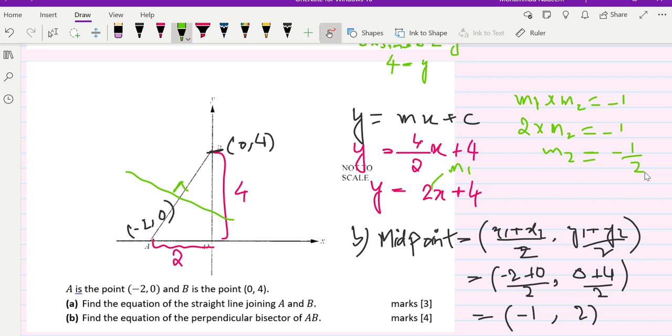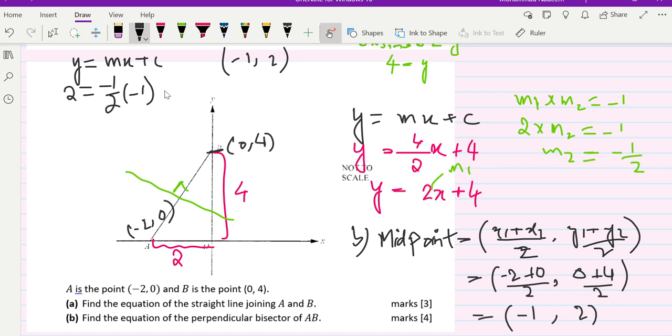So now let's work out c. y = mx + c again. We will use the points from where the line is passing. So the y value is 2, m is -1/2, x value is -1, plus c.